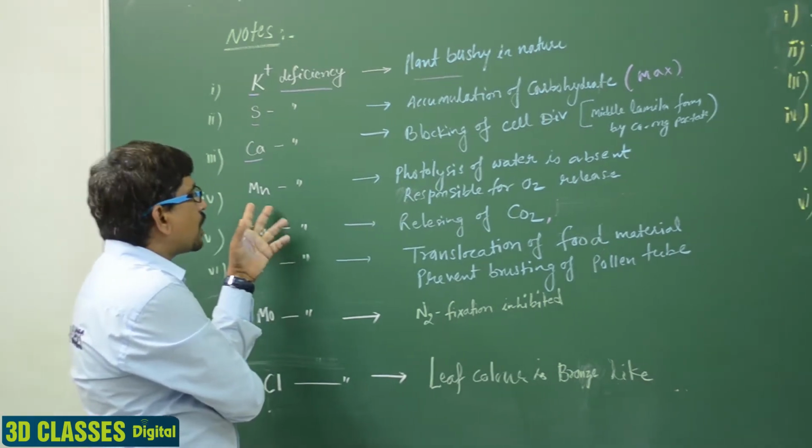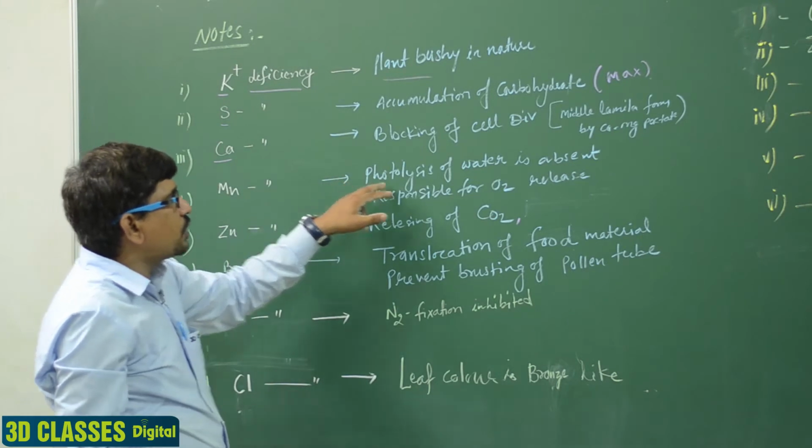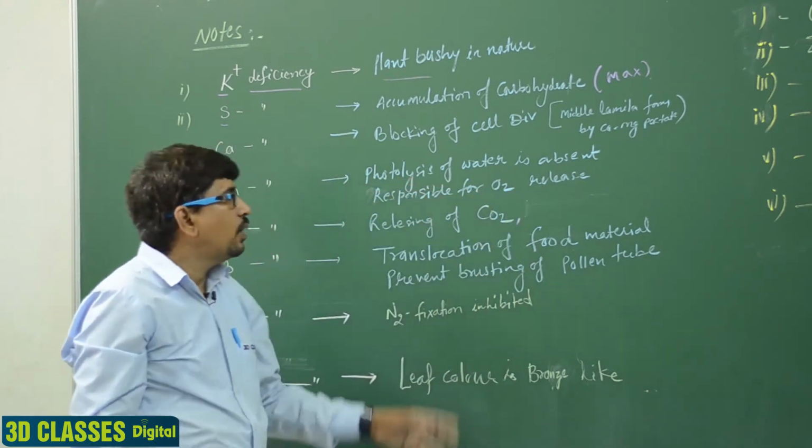Next is Mn, manganese. With manganese deficiency, the photolysis of water is absent.